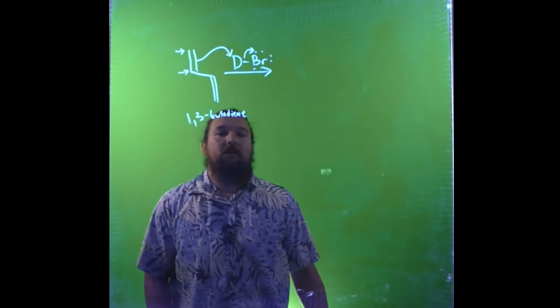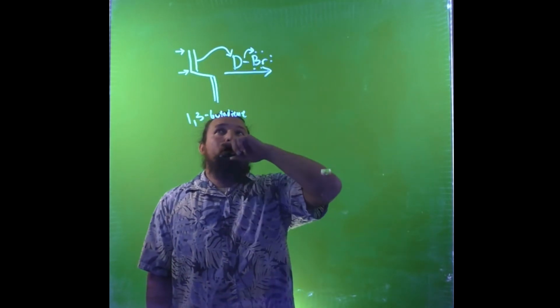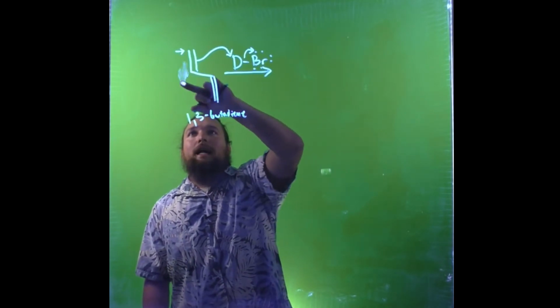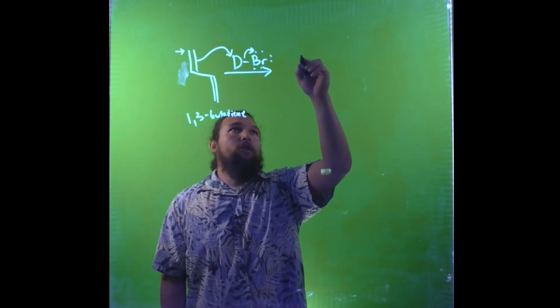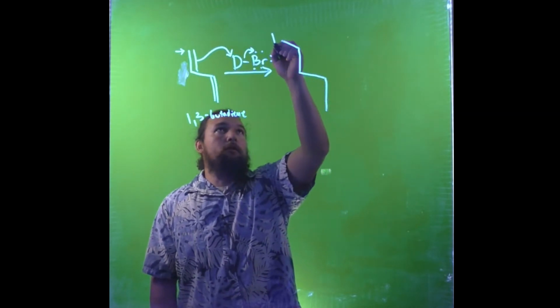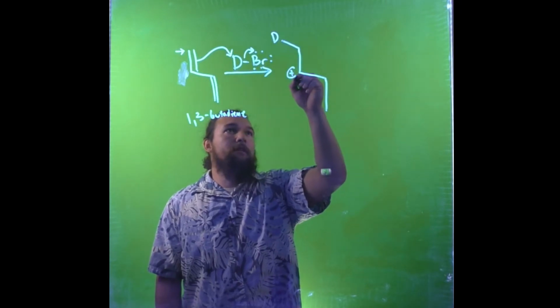So that's very, very unlikely. So we should see that this position for the deuterium to add will not happen, and this here would be the position for the deuterium to add.